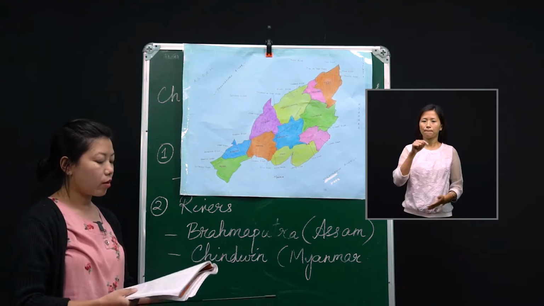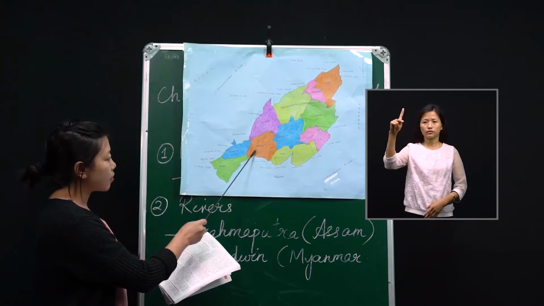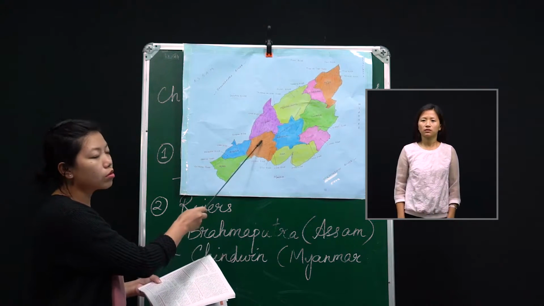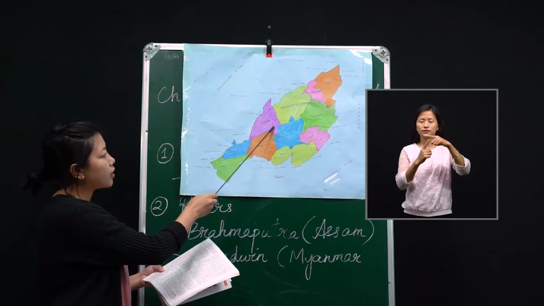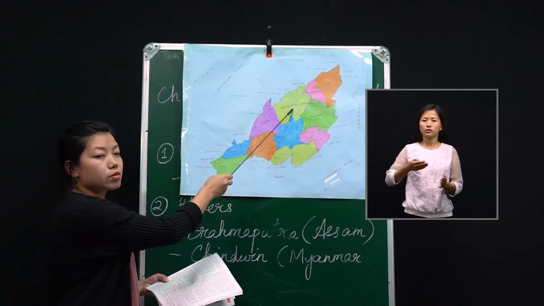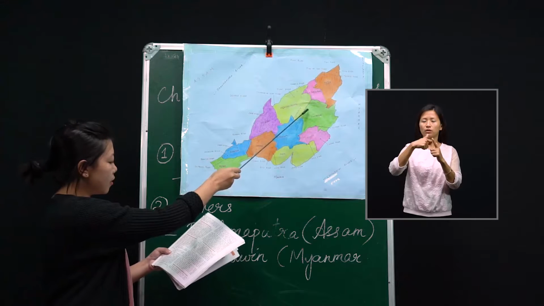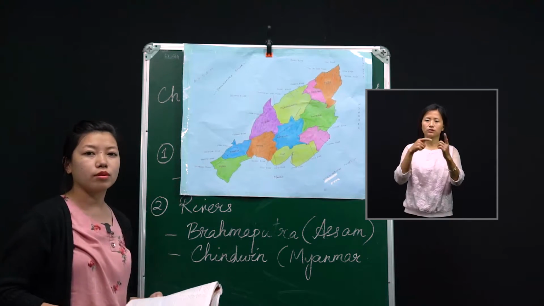One of them begins from Kohima, goes towards Seminyu, and touches the border of Wokha. Then it also goes towards Mokokchung, Marangkong, and reaches till Changtongya village.